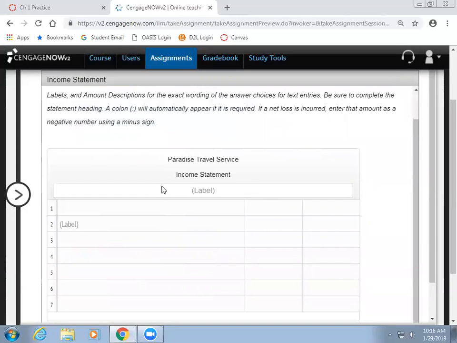So this is the typical header for an income statement. We always start with the company name, which is Paradise Travel Service. And then on the second line, we put the statement name itself, which is income statement. On the third line, for our income statement and our statement of retained earnings, we are going to put for the year ended and the date. And this was a year ended one. Sometimes it might be for the month ended, but we're going to do for the year ended. So for the year ended, and it was May 31st, 2018.